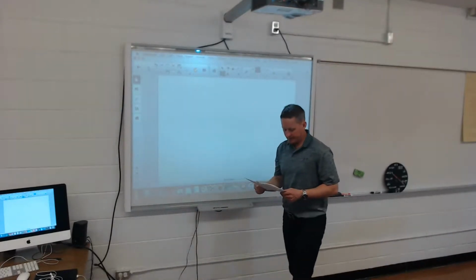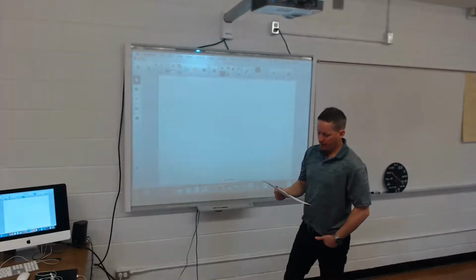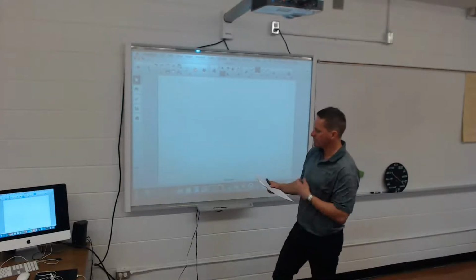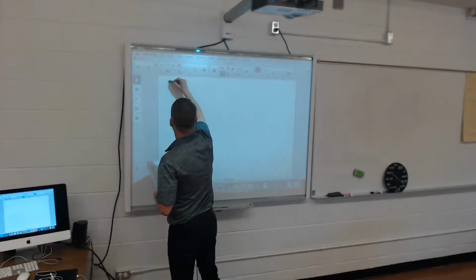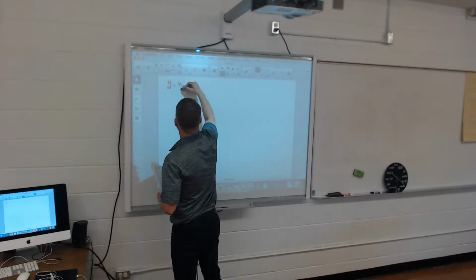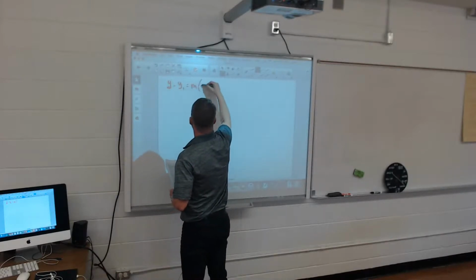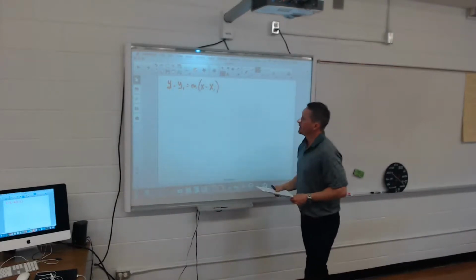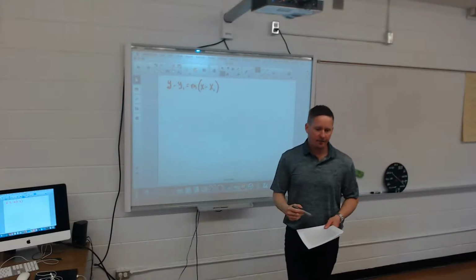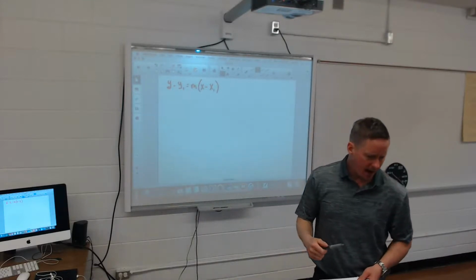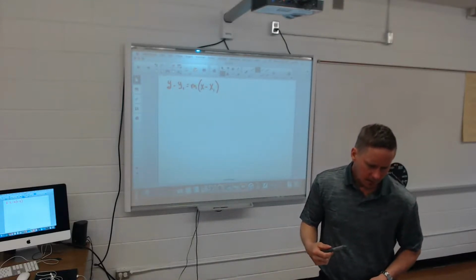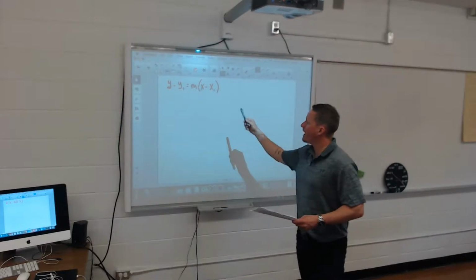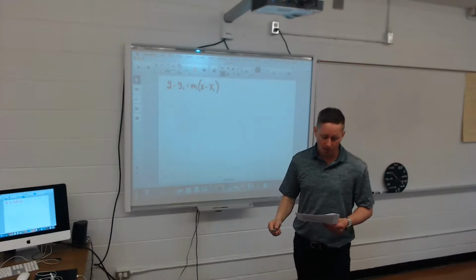Let's look at the b. We now need a line perpendicular. And we want it in point slope form. So I go y minus y1 equals m times x minus x1. Okay? Now I already have the x and the y, the x1 and the y1.